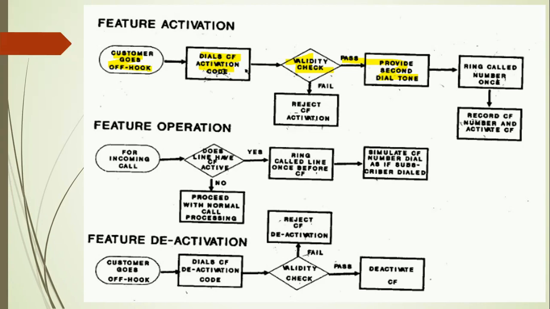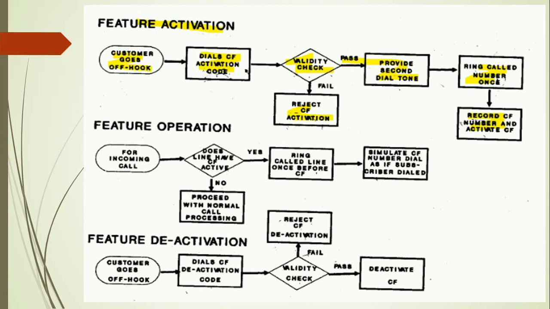If you don't have any activation code, then reject it. After passing the dial tone, it will ring the number. That means the second number will ring once, and record of number and activation. That means afterwards the first phone number will be off and the second phone number will be working. This is feature activation, activating the call forwarding.